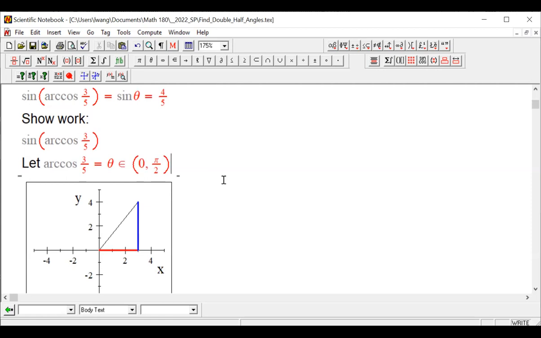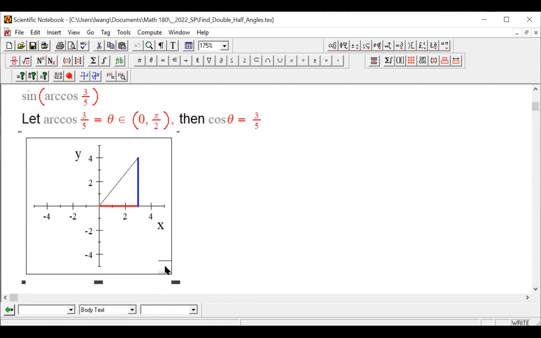Then you draw this picture. Then you say cosine theta is equal to 3/5.